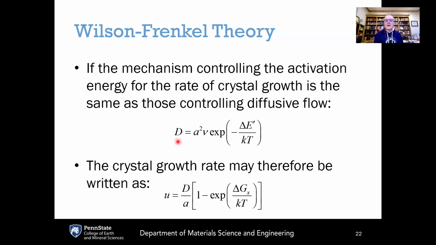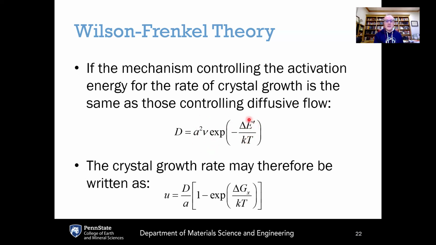And if we make that assumption, the diffusion coefficient D can be expressed as the square of the distance that is jumped, so a squared times the frequency, nu. This will give us the correct dimensionality for the diffusivity in terms of a length squared per unit time, multiplied by e to the minus, and then if it's the same activation barrier between diffusivity and crystal growth, then the activation barrier here would be delta E prime over kT.